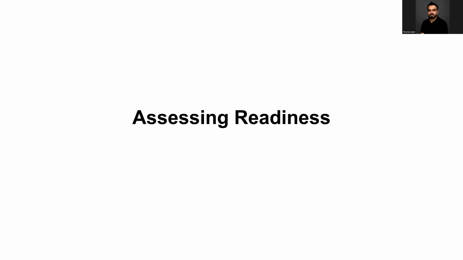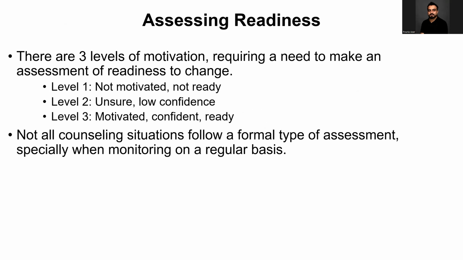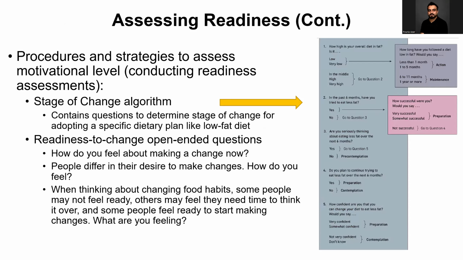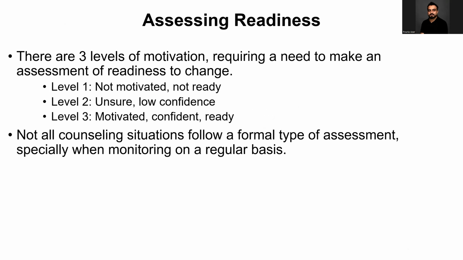There are different ways to assess the readiness of clients to take action. So we have three levels of motivation. We have three levels of readiness to take action. And these levels require a need to make an assessment.